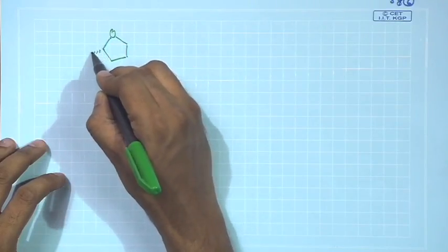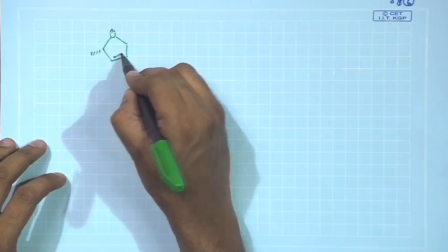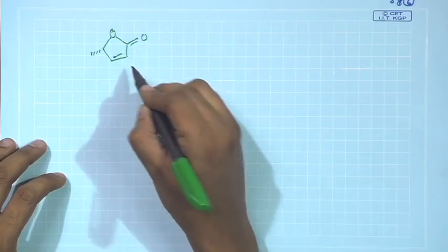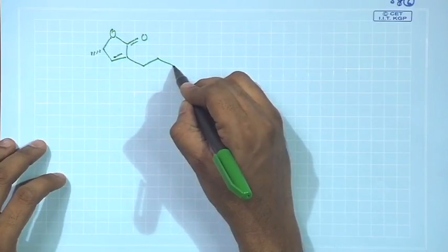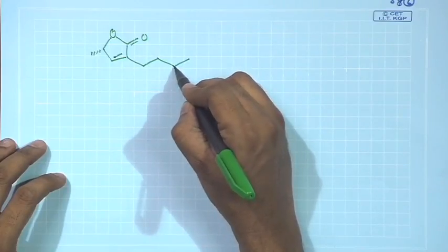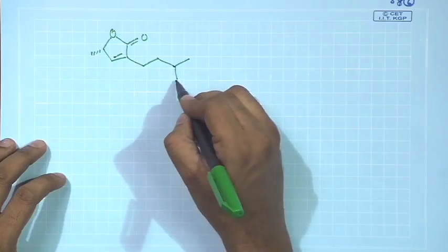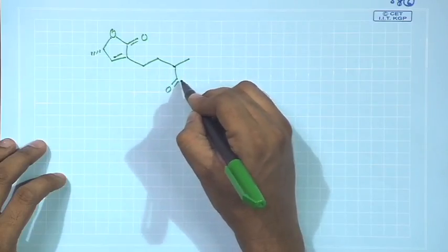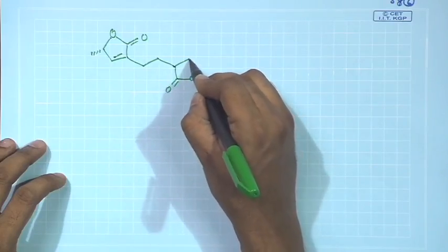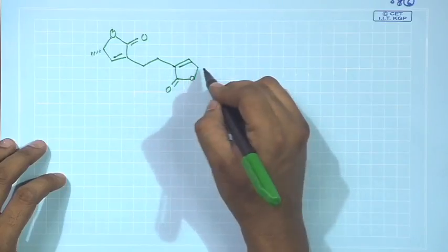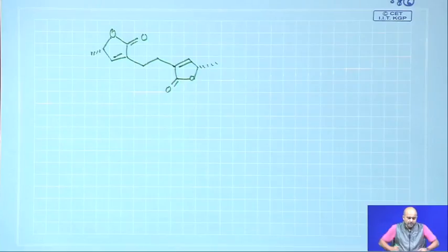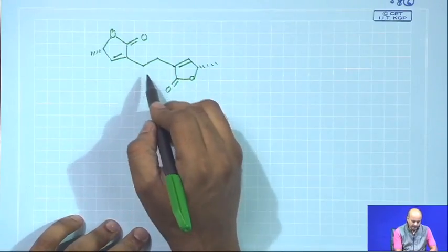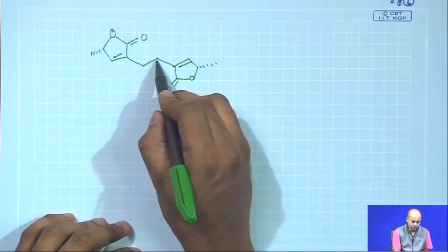We first draw the retro. We probably won't discuss it in detail. We will just give you an idea how this can be done in reality through a dimerization strategy, and here there will be CH2 actually.